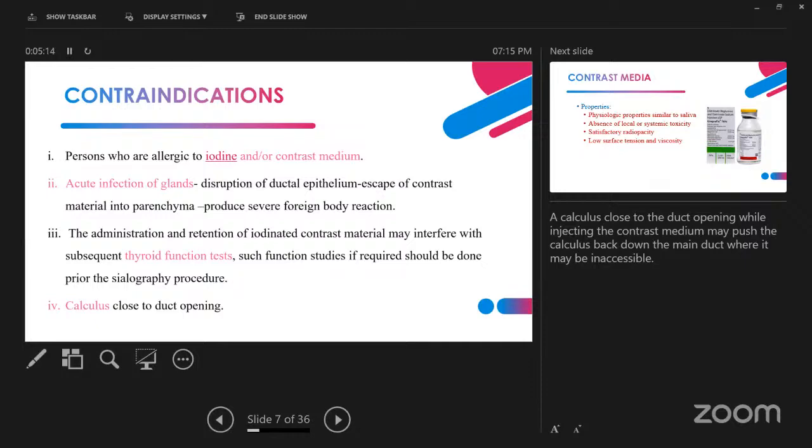Third, the contrast material used in xylography may interfere with the thyroid function test, so the thyroid function test should be done prior to the procedure. Fourth, calculus close to the ductal opening. While injecting the contrast medium, it may push the calculus back into the main duct, where it may be inaccessible. So in these cases, it is contraindicated.